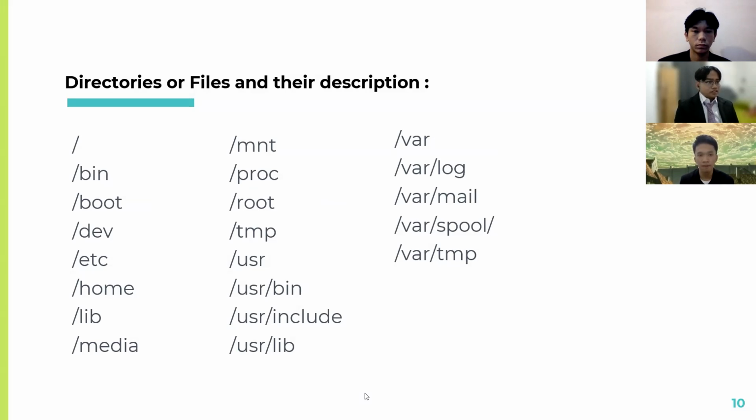Next, directories or files and their descriptions. The slash character alone denotes the root of the file system tree. Slash bin stands for binaries and contains certain fundamental utilities such as ls or cp, which are generally needed by all users. Slash boot contains all the files that are required for the successful booting process.